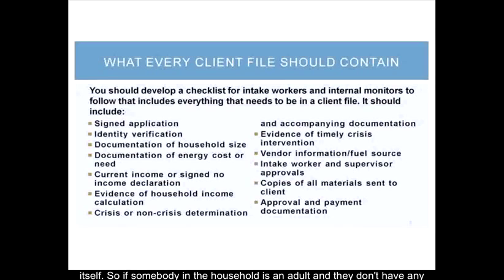So if somebody in the household is an adult and they don't have any income, that in and of itself needs to be documented in the file. Just the absence of income documentation for an adult is not sufficient to show that they have no income, because I don't know if it's because they truly have no income or if you just failed to ask them about it.